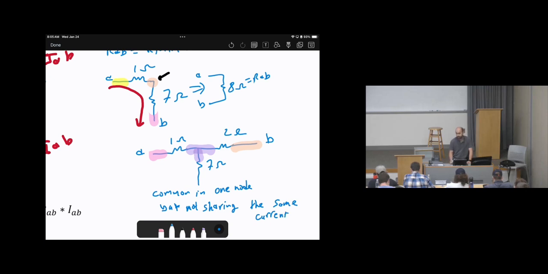Therefore, those are not in series. Okay? It's very important to notice that even though they are common in one node, they are not in series. So the point is, when you do an inspection, make sure they are sharing the same current. Imagine there's a current flowing from point A to point B. Will this current be split or not?